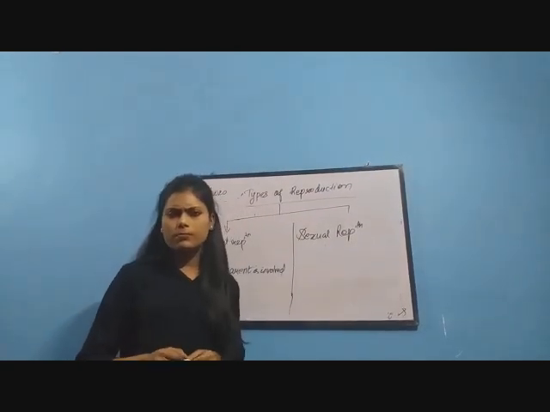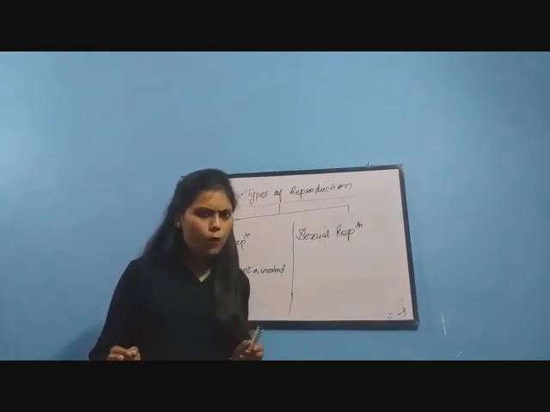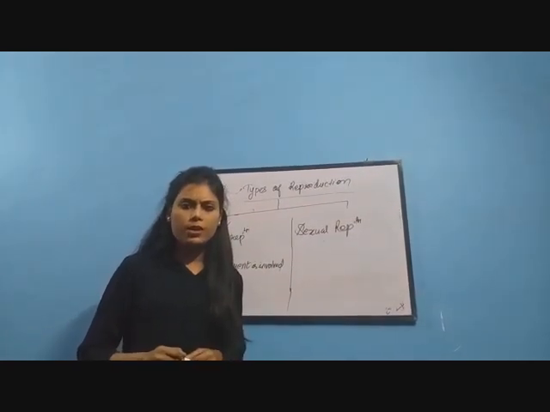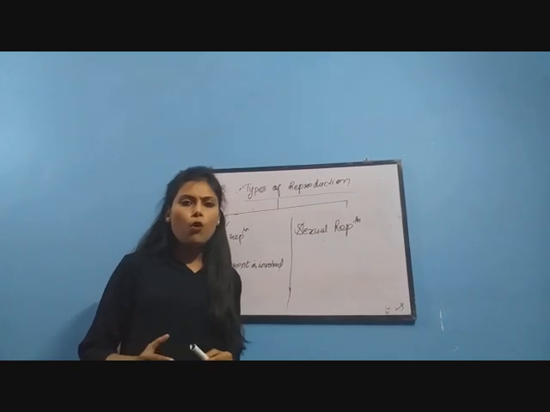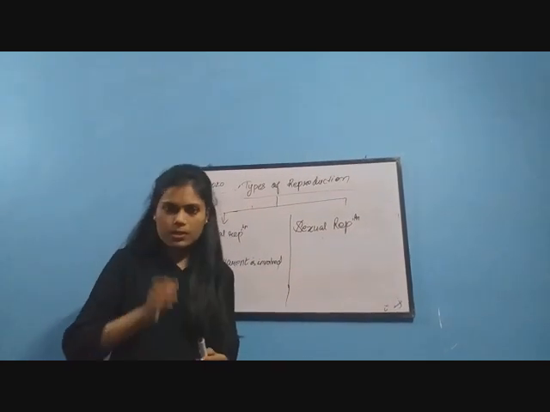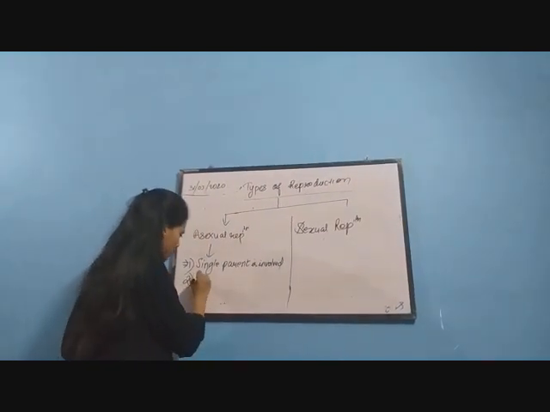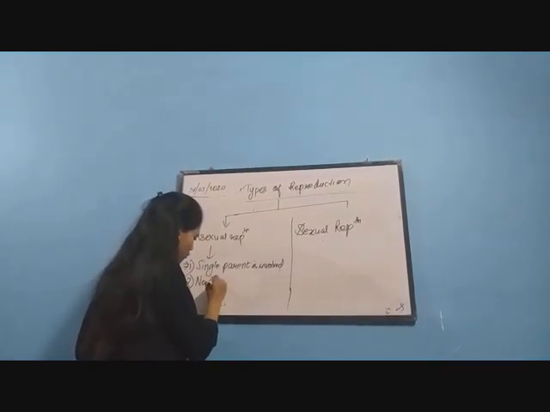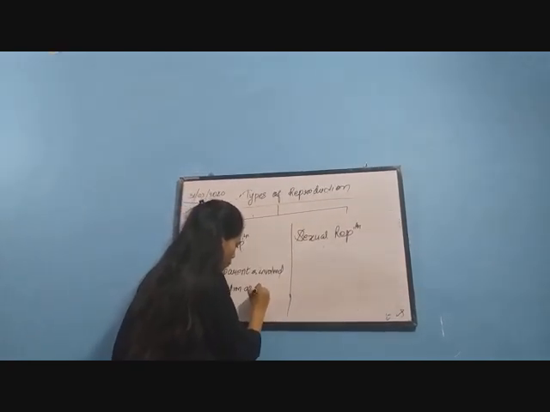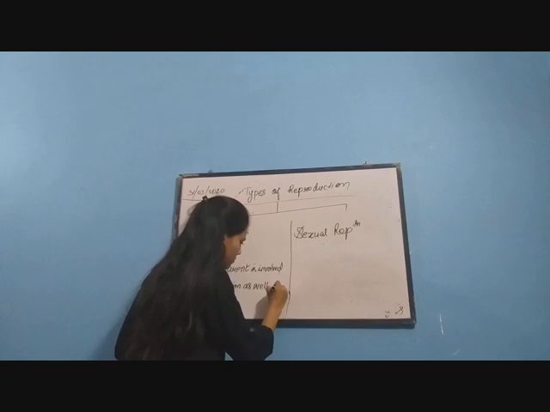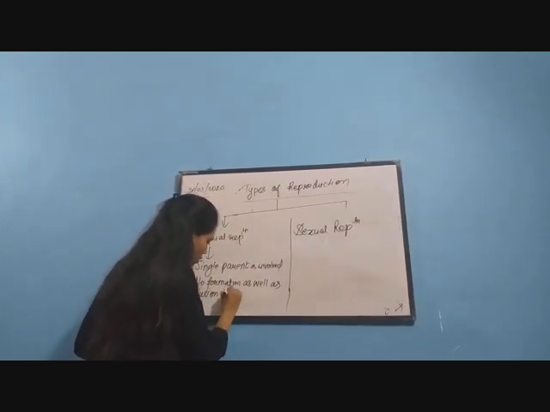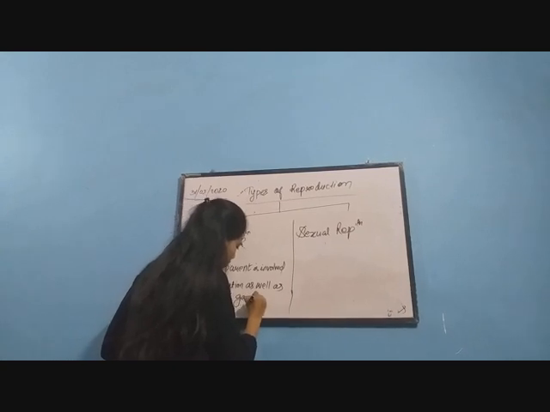What else? Do we have the formation of gametes here? In the case of asexual reproduction, there is no formation, no fusion of gametes. Alright? So here basically we can write there is no formation as well as fusion of gametes.